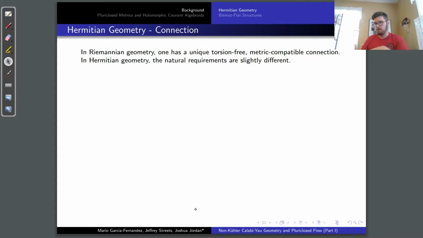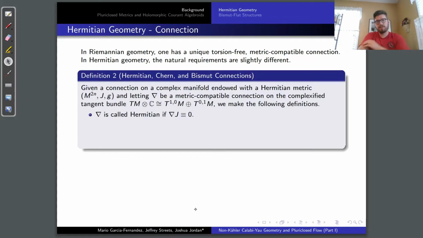In Hermitian geometry, because we're working with holomorphic structures, torsion-free is not the most natural thing to ask for anymore. So instead, we ask for some slightly other things. First off, we call a connection on the tangent bundle Hermitian if the complex structure is parallel.